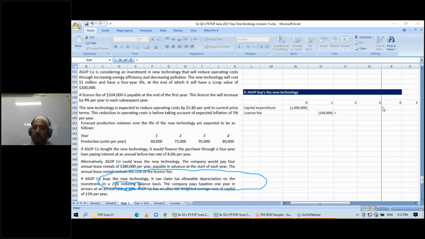So let me show you the key points. The cost of the asset is 1 million, scrap value is 100,000, license fee is 104,000, and it will increase by 4%, and the first 104,000 is payable at the end of the first year. So from the second year the license fee will increase.